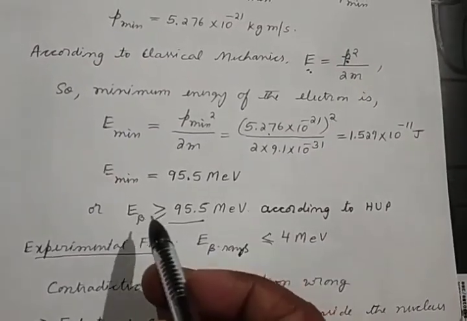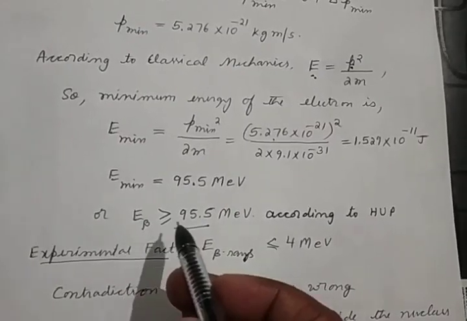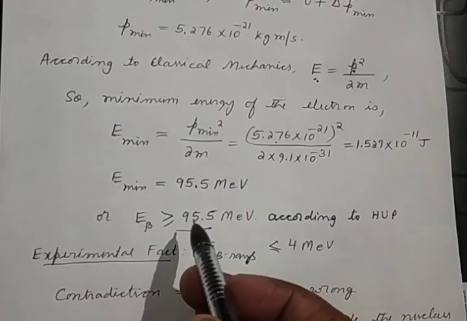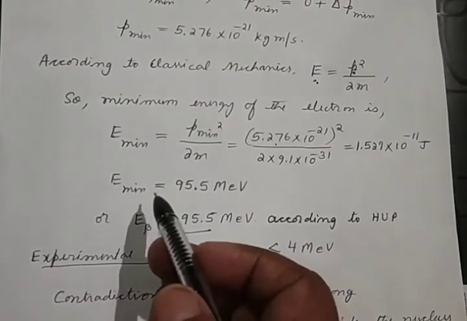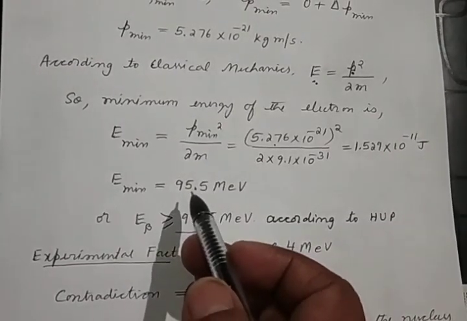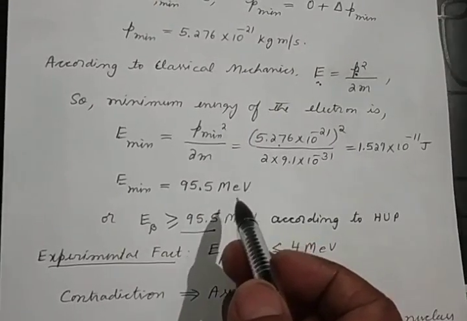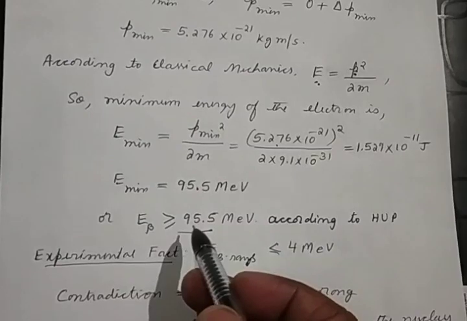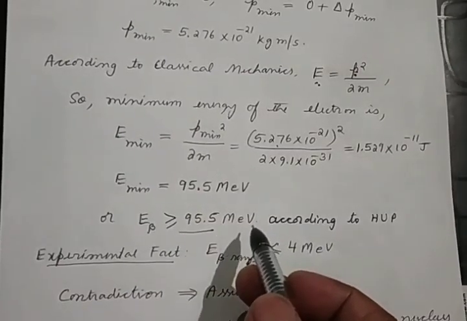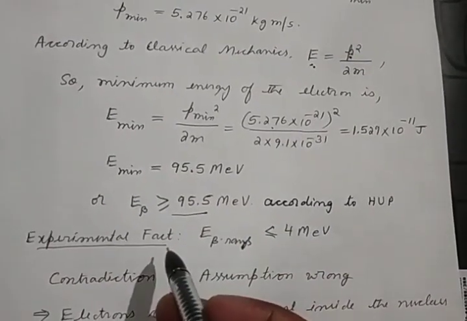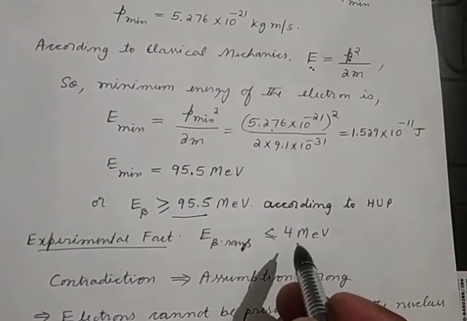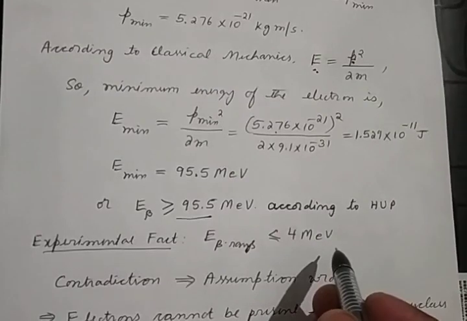But according to Heisenberg's uncertainty principle, assuming that the electron is present inside the nucleus, we get that the minimum energy of the electron itself is 95.5 mega electron volt, so the energy of the beta rays must be greater than 95.5 mega electron volt, whereas the experimental fact says that the energy of the beta rays is always less than or equal to 4 mega electron volt.